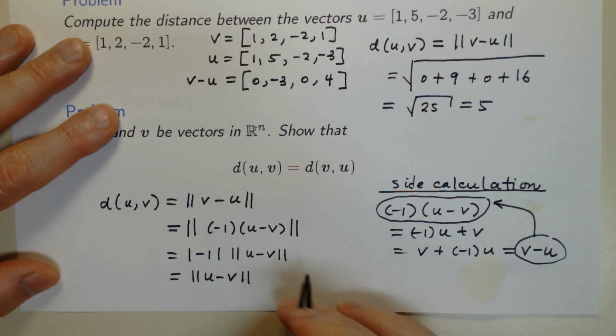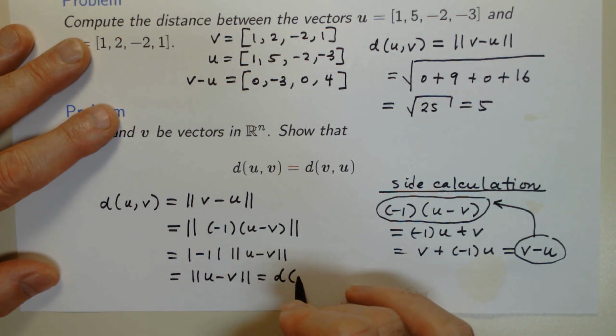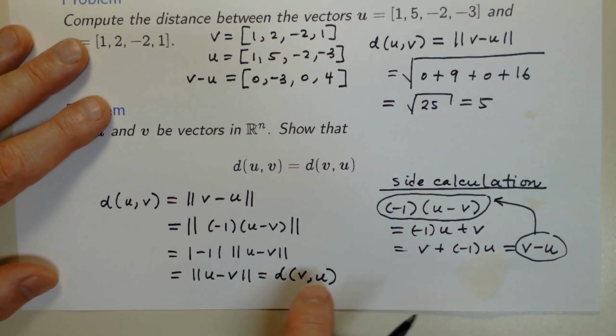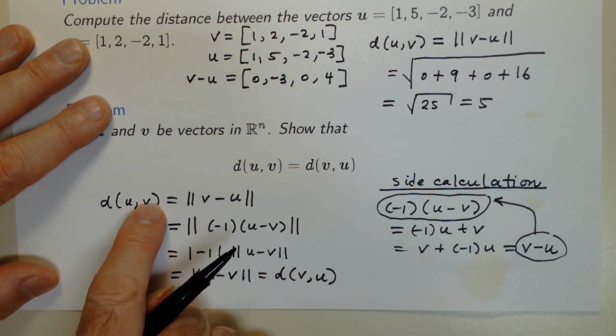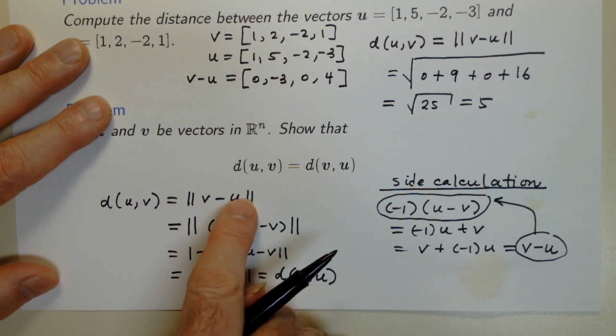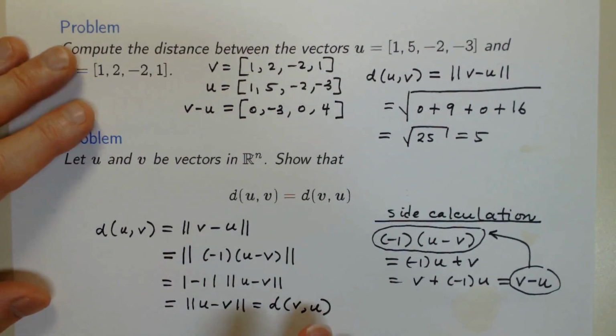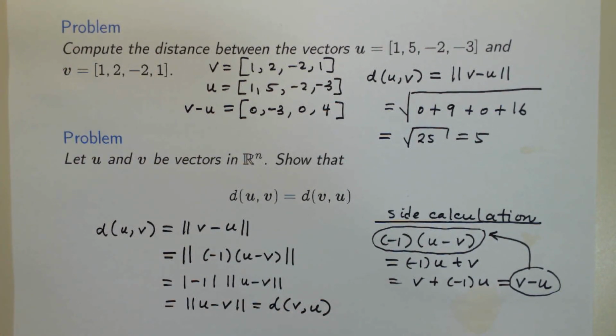And we could read that as the distance from v to u. The distance from v to u would be the length of u minus v. The distance from u to v would be the length of v minus u, but it turns out that no matter how you work this out, you're going to get the same result. So we can really speak of just the distance between v and u, or the distance from u to v, or the distance from v to u, and those would all be the same thing. They all coincide. Okay, so hopefully that gives you some insight into how to compute a distance and how to think about the distance between a pair of vectors.